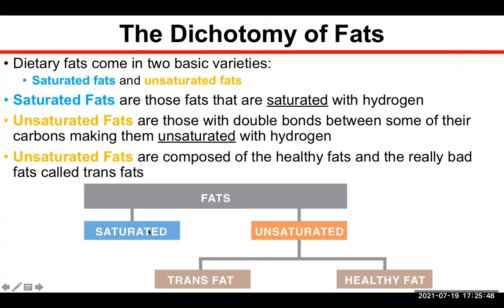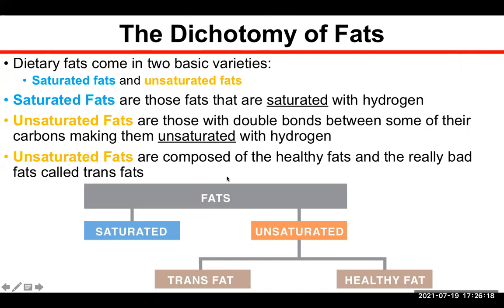I'll show you some examples of those when I'm highlighting each respective one. Whereas the unsaturated fats have double bonds between some of their carbons. And because they have double bonds, that makes them unsaturated with hydrogen. So that's what makes them unsaturated, because they have fewer hydrogens than saturated fats, which are saturated with hydrogens.